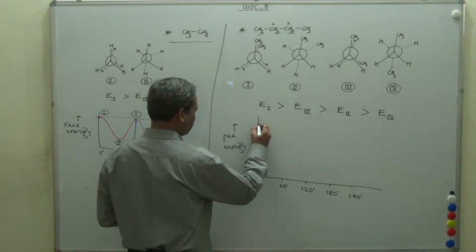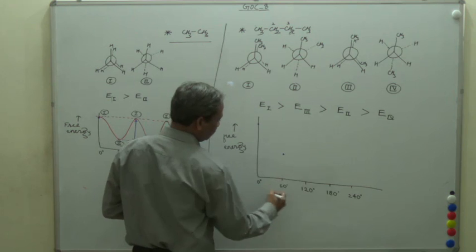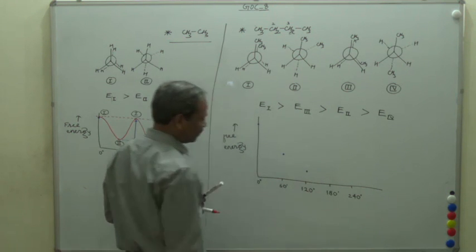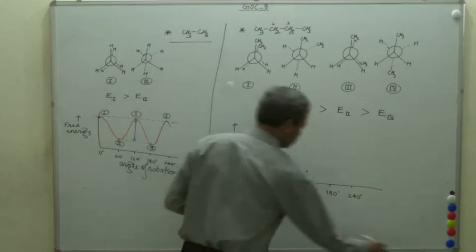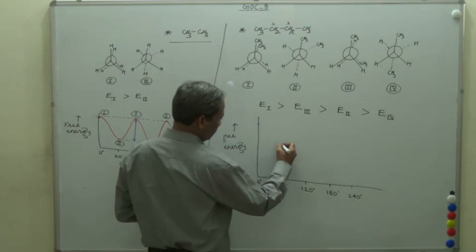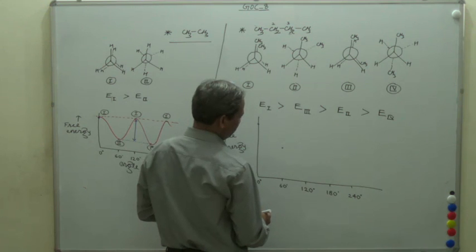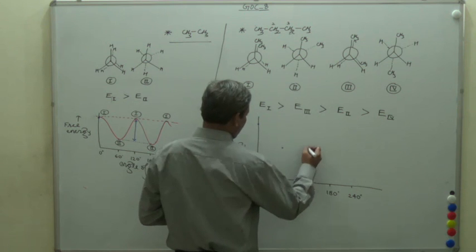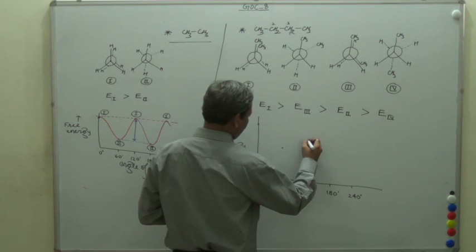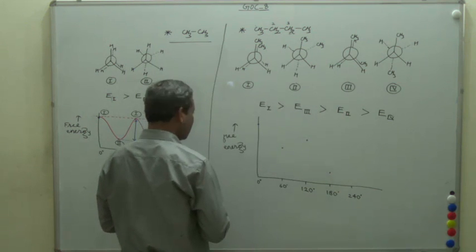So this is the first form, then this is the form with a 60-degree dihedral angle, and this is the form with a 120-degree dihedral angle, and a 180-degree dihedral angle.